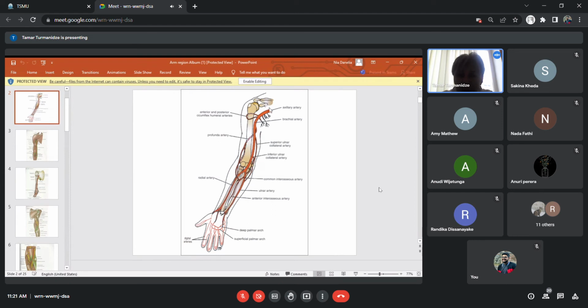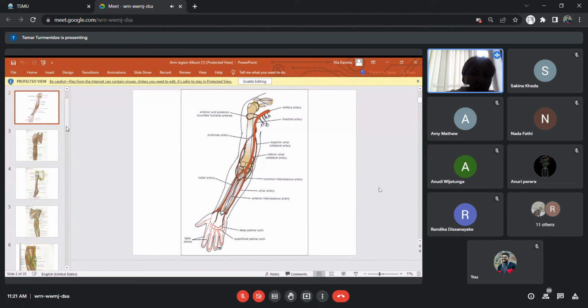Why? Because that would block all the blood supply of the upper limb. So the brachial artery must be ligated below the exit of the deep profunda artery.